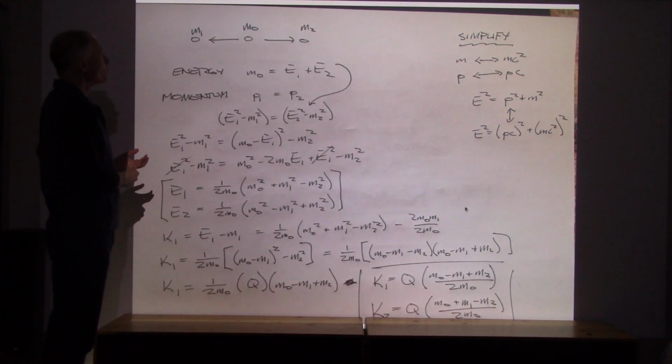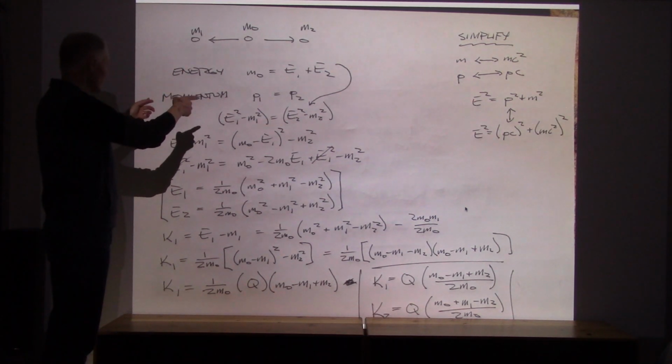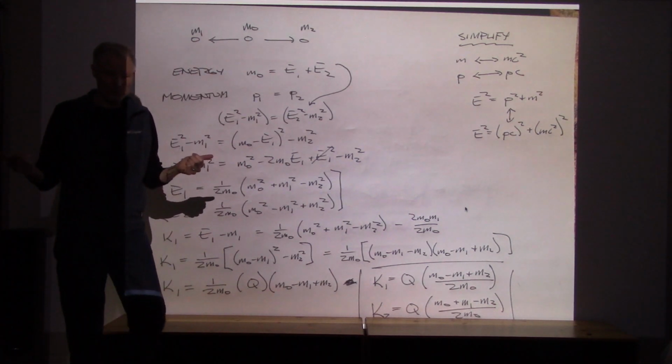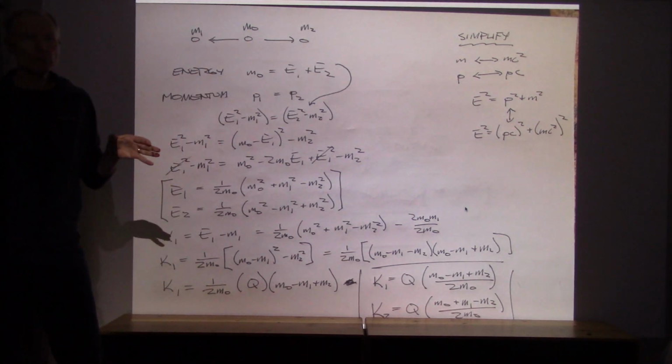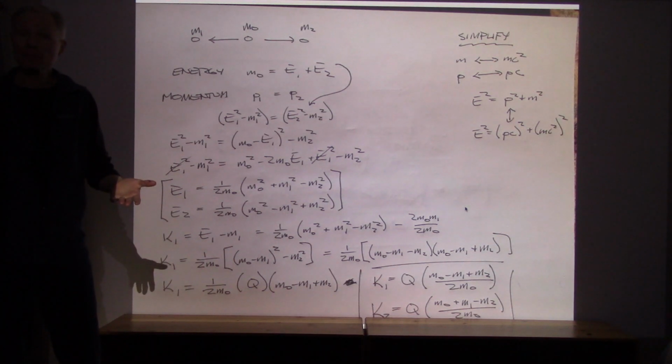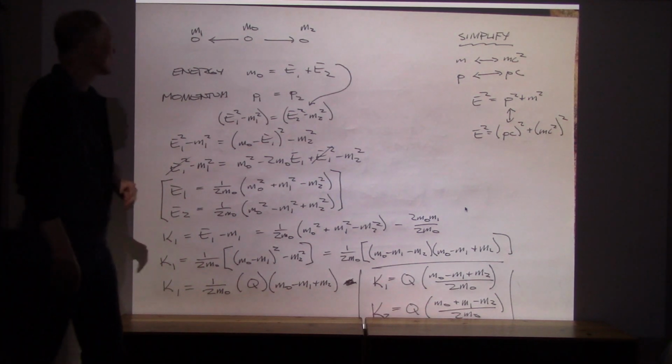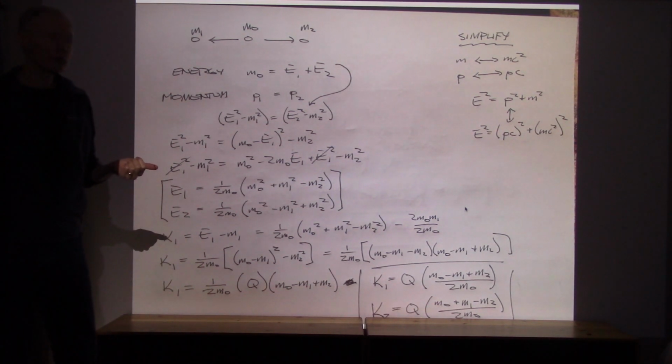Back in special relativity, we looked at this example: something with some kind of mass splitting into two pieces. The mass of the two pieces is going to be less than the mass of what it started from. That decrease in mass will show up as kinetic energy.